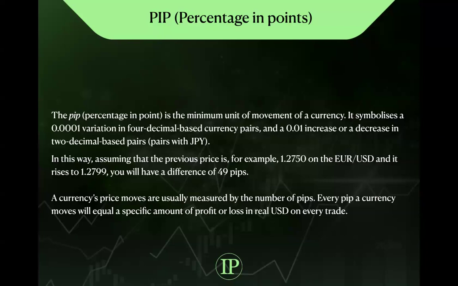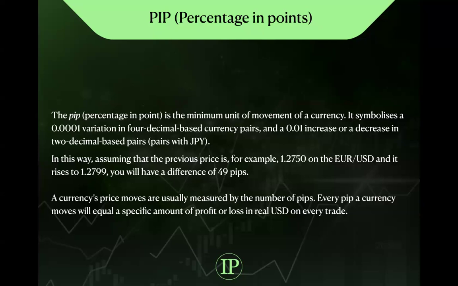A currency's price moves are usually measured by the number of pips. Every pip a currency will move will equal a specific amount of profit or loss in real USD on every single trade.